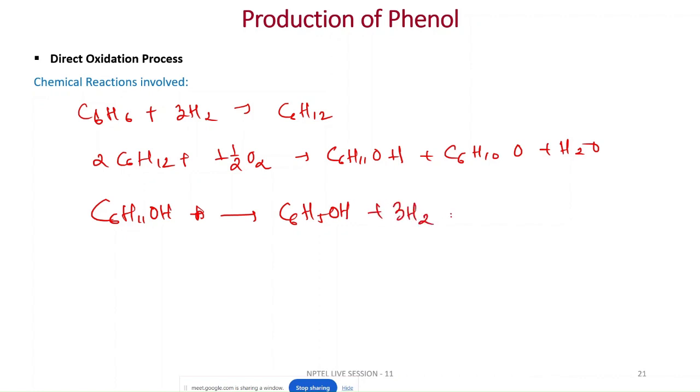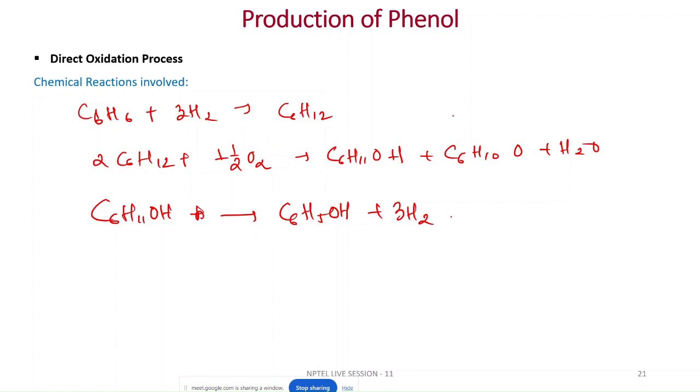So here you can see that first benzene is hydrogenated to cyclohexane, which is further oxidized in the presence of oxygen or air, and it produces a mixture of cyclohexanol, cyclohexanone, and unreacted cyclohexane. The unreacted cyclohexane is separated and can be recycled.